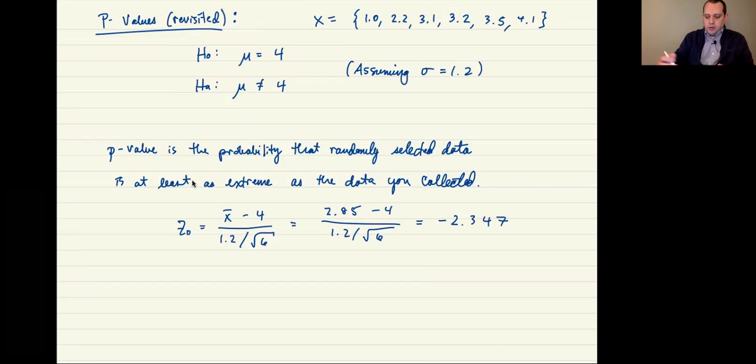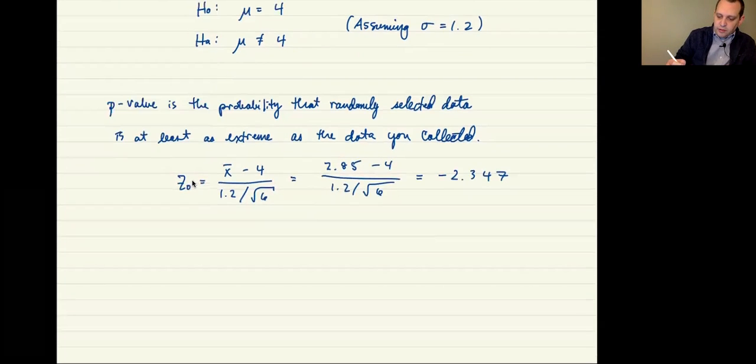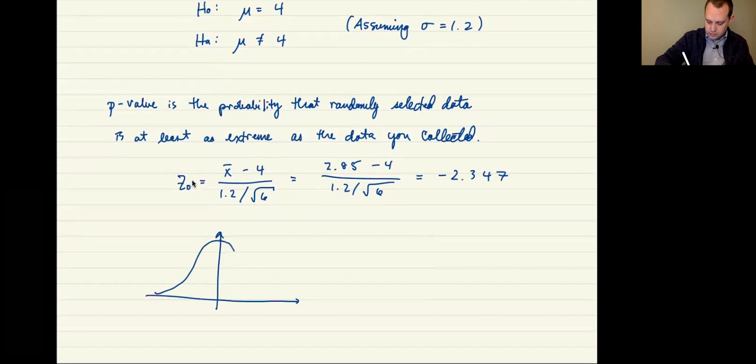And so here's a picture that I think will help us. Say you have a normal distribution. Negative 2.34 is probably somewhere over here.